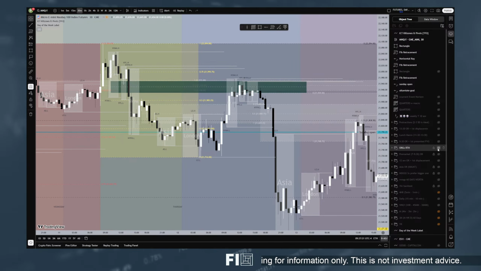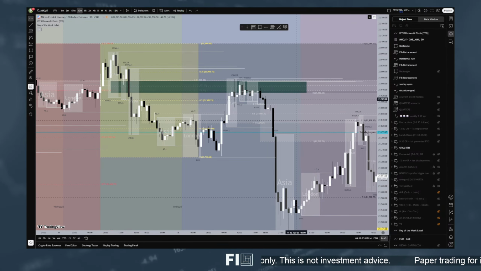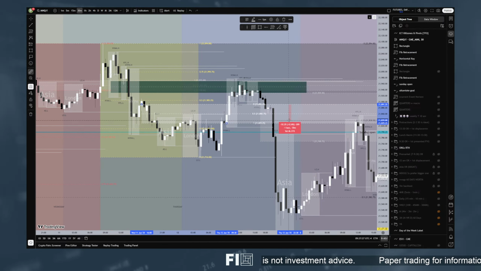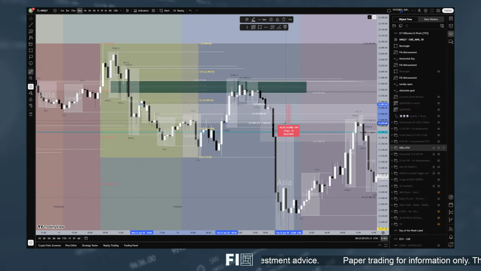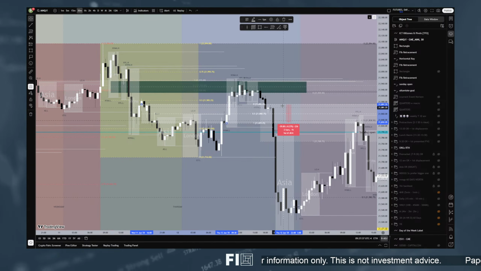Let me see if we can pull up our opening range gaps. Let's see here, how much of a gap was it? 60 handles, so it is conditioned to be a high resistance liquidity run day. So it's just going to be a little tougher to hold on to trades.